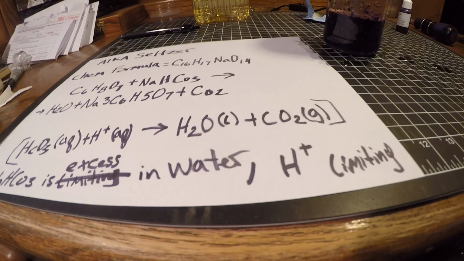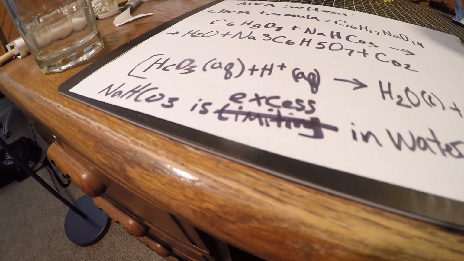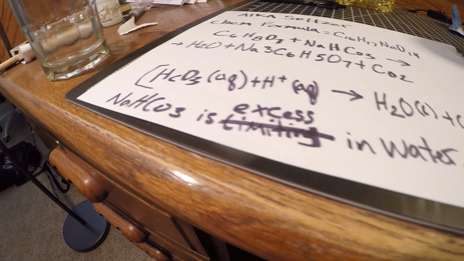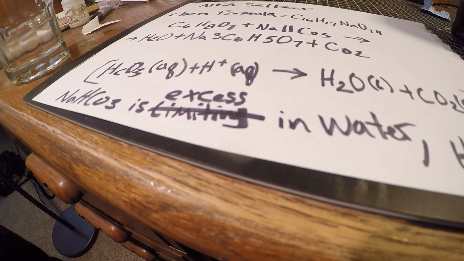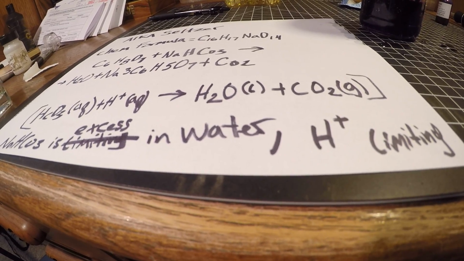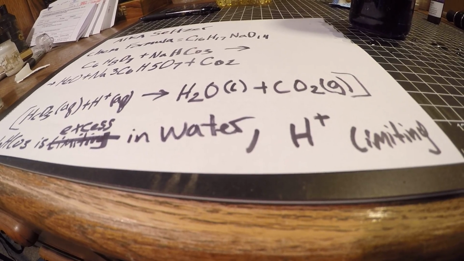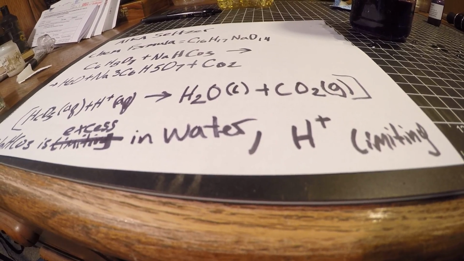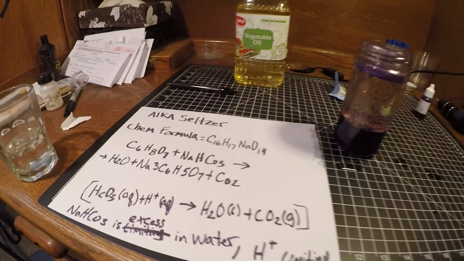So in this case, with water and no extra acidity added, sodium bicarb ends up being the excess. There's more of it. The citric acid burns off or reacts quicker, which can be reversed by substituting a more acidic solution. That conducts the experiment for today.